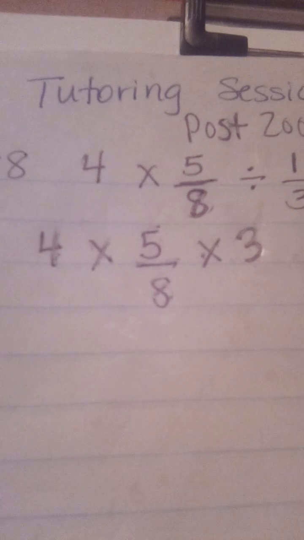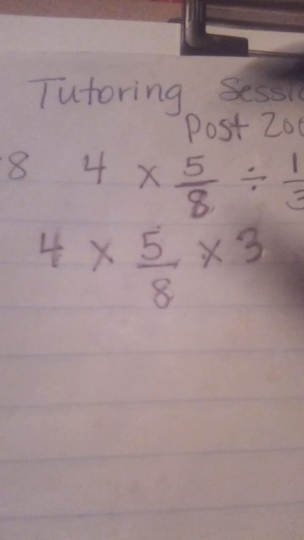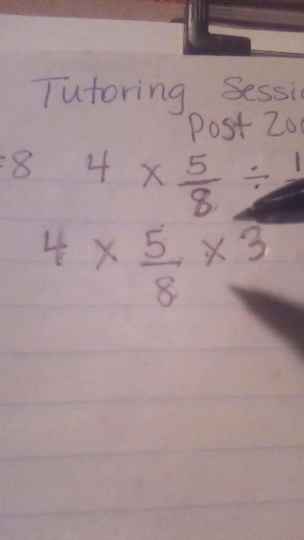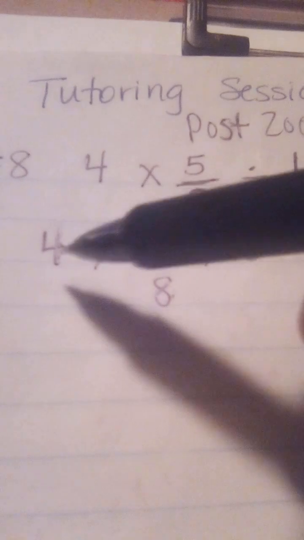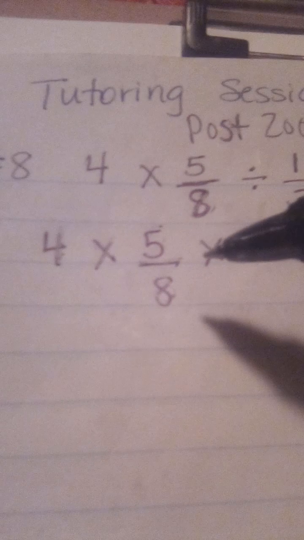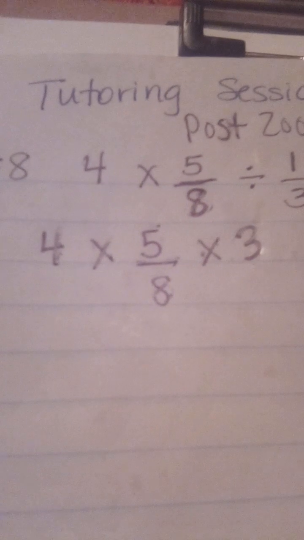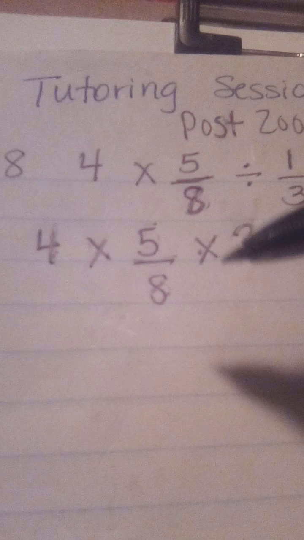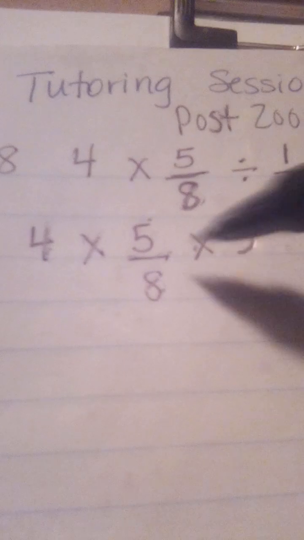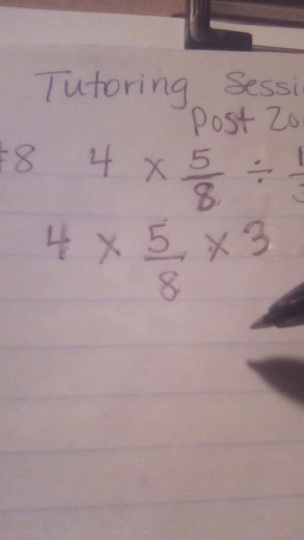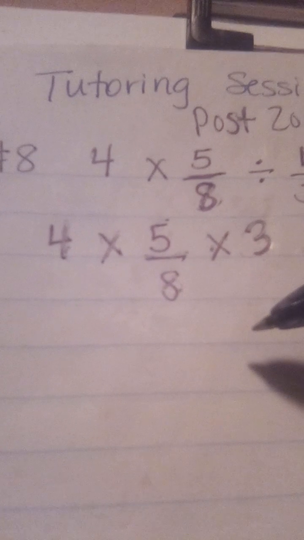All right, let's continue. The next step is to get the common factors of 4 and 8, and cancel them. Let's look at the 8. What numbers do we multiply to get 8? 1 and 8, 4 and 2, right?